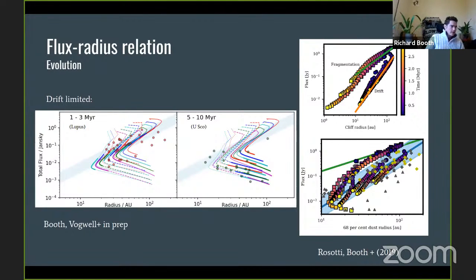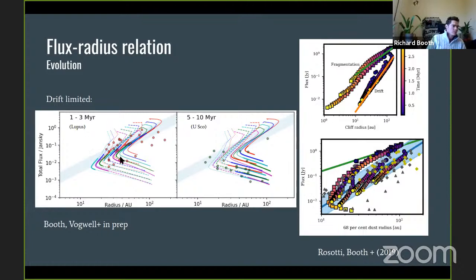We've since looked at that again for regions of different ages. So again, this is flux on the y-axis and radius on the x-axis, and this is more or less the same data for Lupus at 1 million years, and then Upper Sco, which is an old region, at 5 to 10 million years.